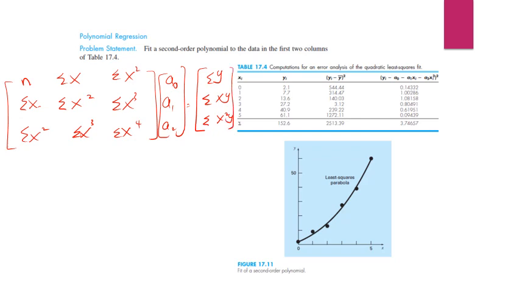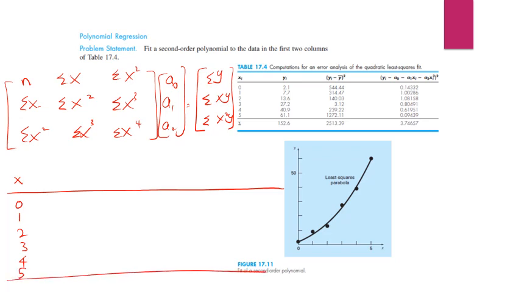So from the data given, you have the values of x: 0, 1, 2, 3, 4, 5, and the values of y: 2.1, 7.7, 13.6, 27.2, 40.9, and 61.1.